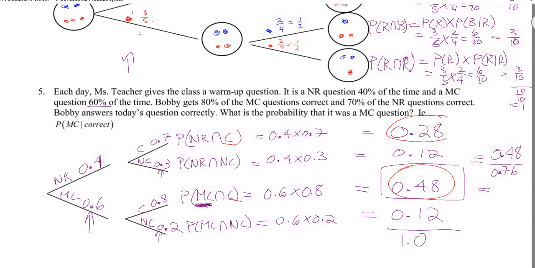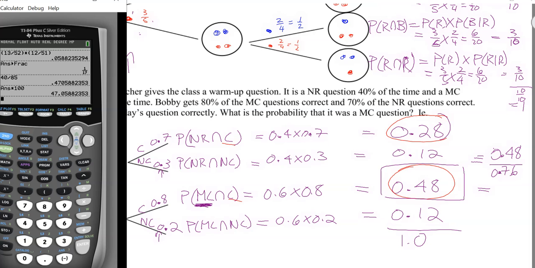So first of all, he has to get it correct, right? He's got 0.76 that he got it correct. Then the probability that it's multiple choice, given he's gotten it correct, that's our bottom. The probability of multiple choice is 0.48 out of 0.76.